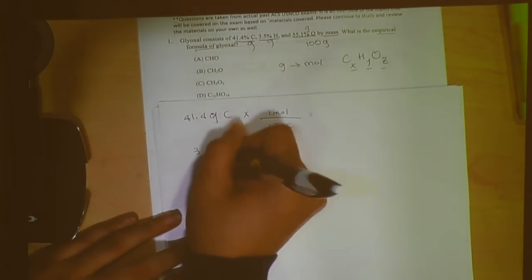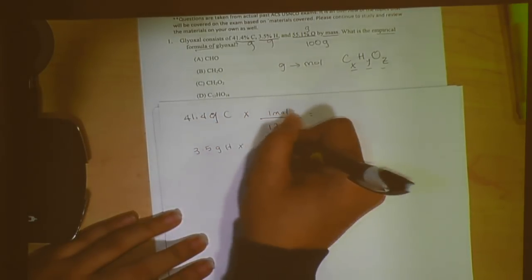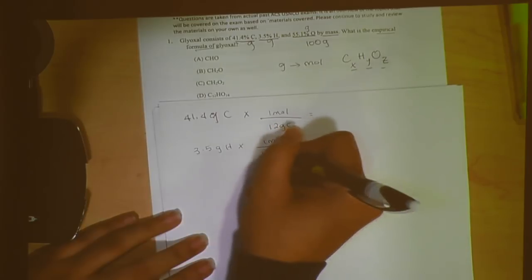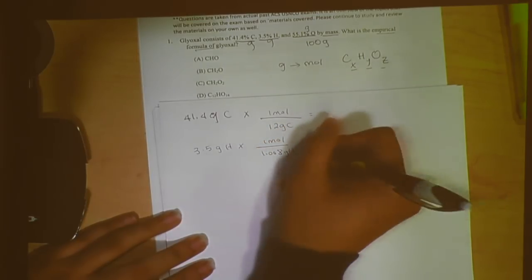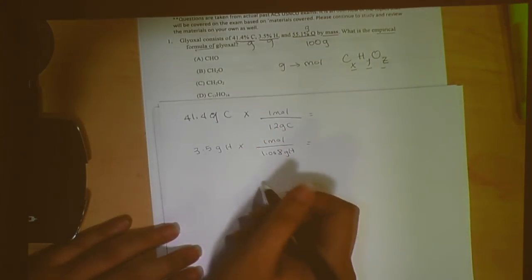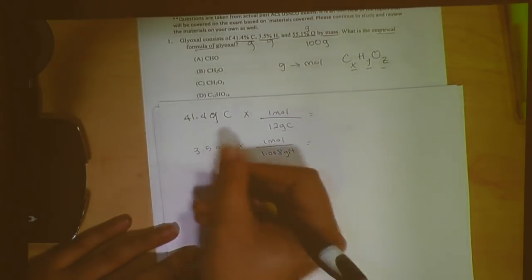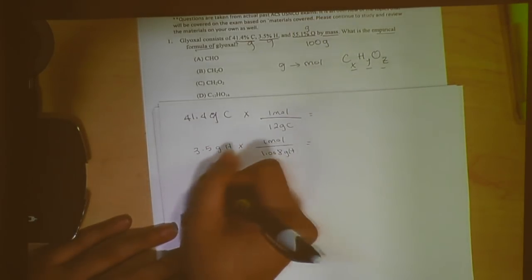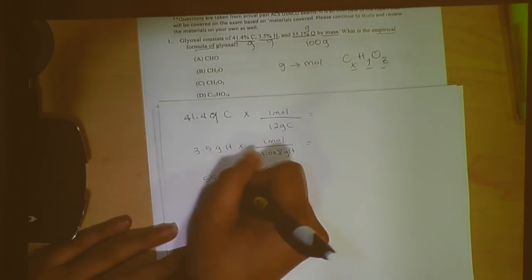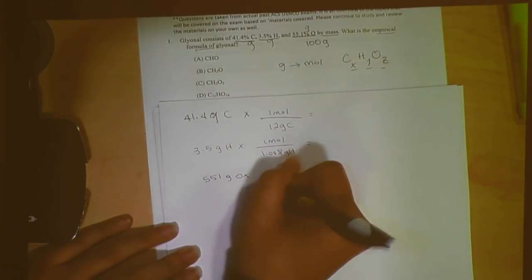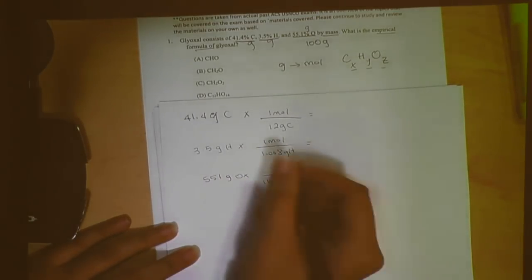The 3.5 grams hydrogen, you're going to divide by 1.008 grams, and the 55.1 grams oxygen, you're going to divide by 16 grams. Sometimes you can round, it's fine.